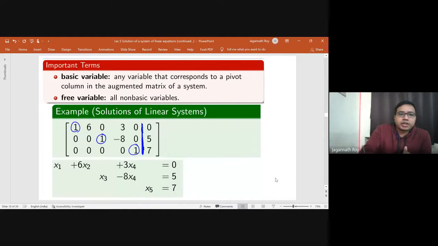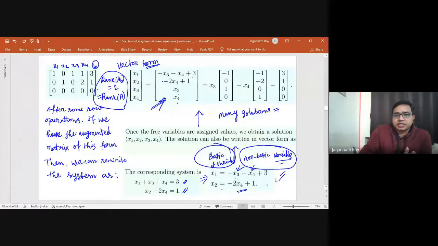Now we have to find out which are the variables. Basic variables are those, any variable that corresponds to a pivot column in the augmented matrix of a system. And free variables means we can take the values of x3 and x4 as anything, so that if we take different values of x3 and x4, then we get different solutions.